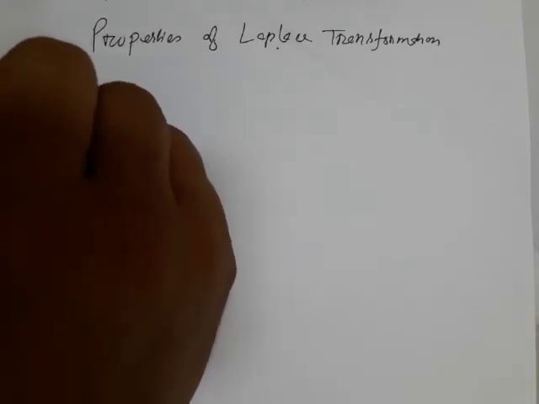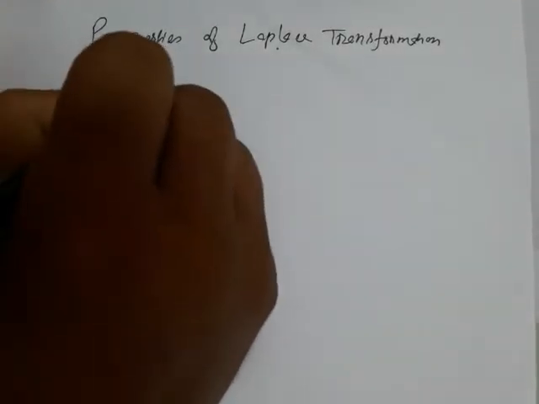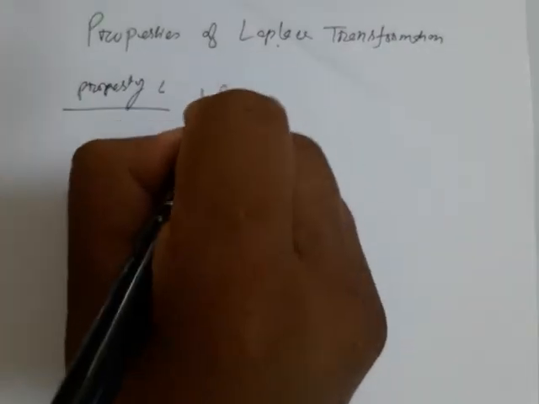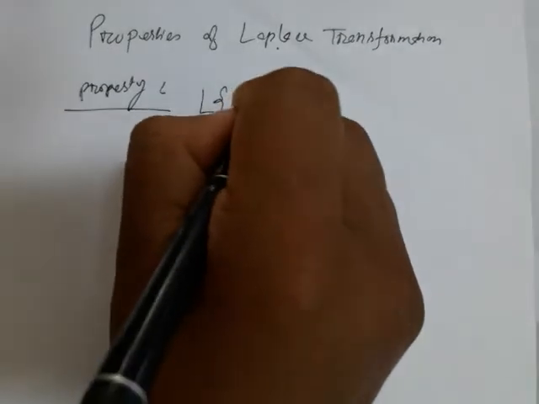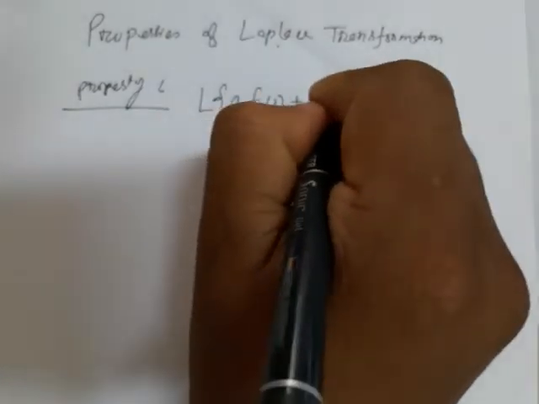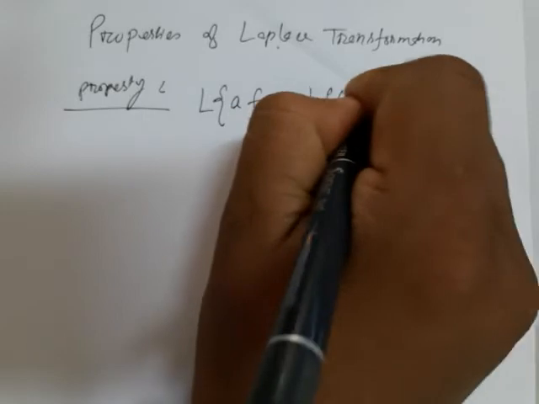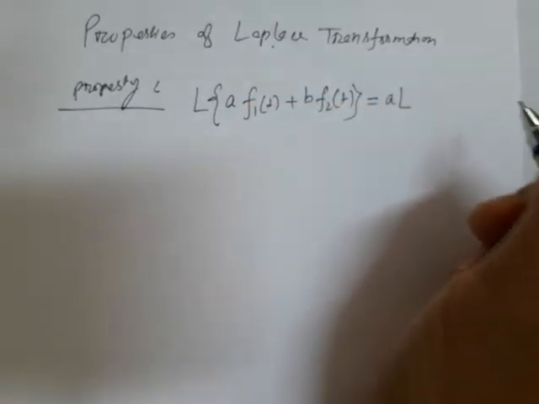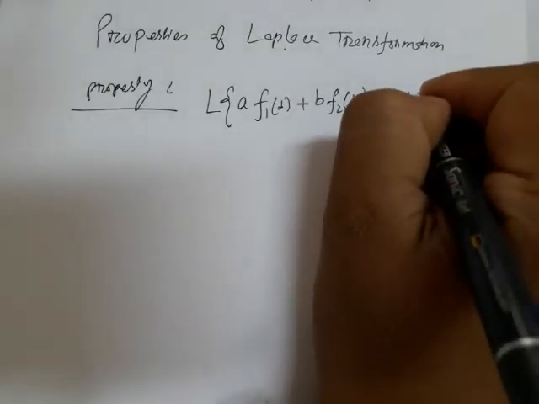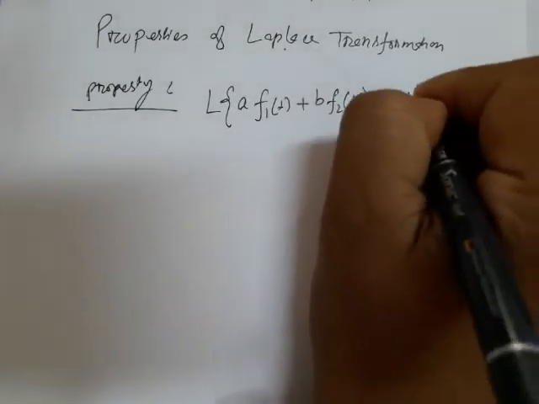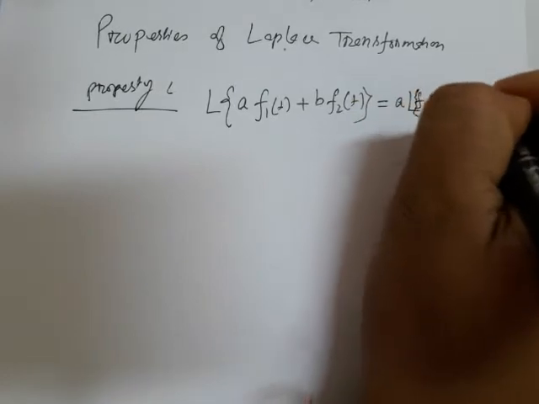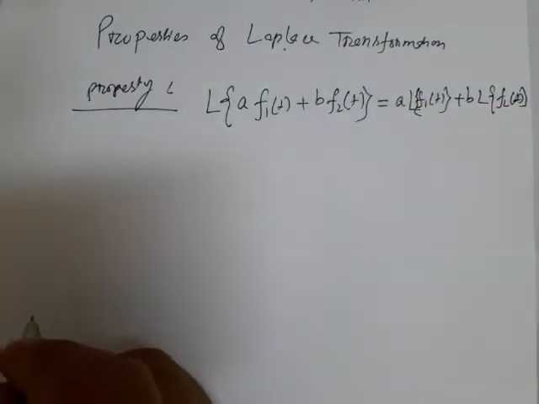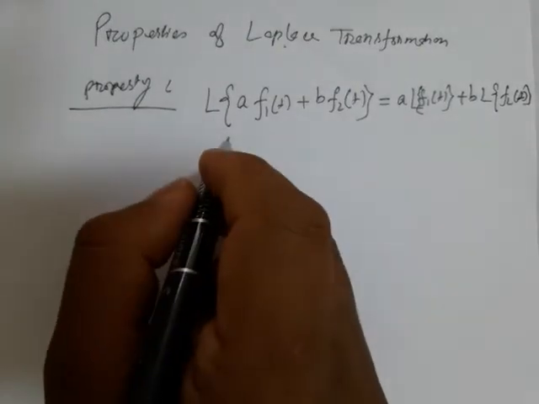Property 1: L of a f1(t) plus b f2(t) equals a L of f1(t) plus b L of f2(t), where a and b are constants. This is called the linear property.